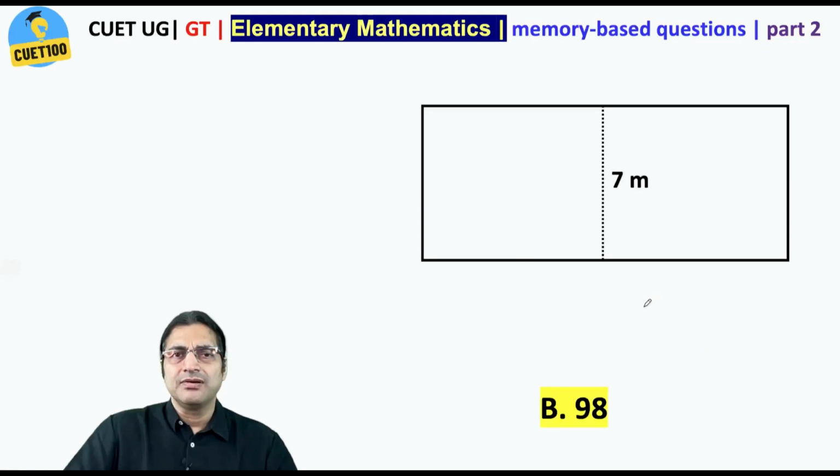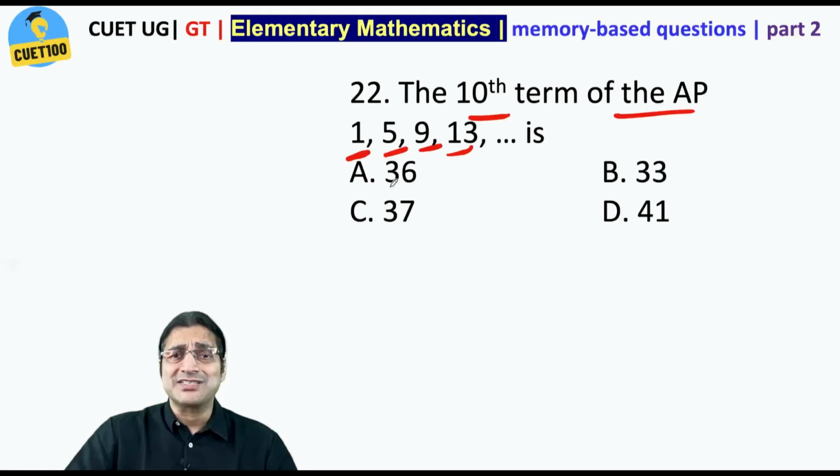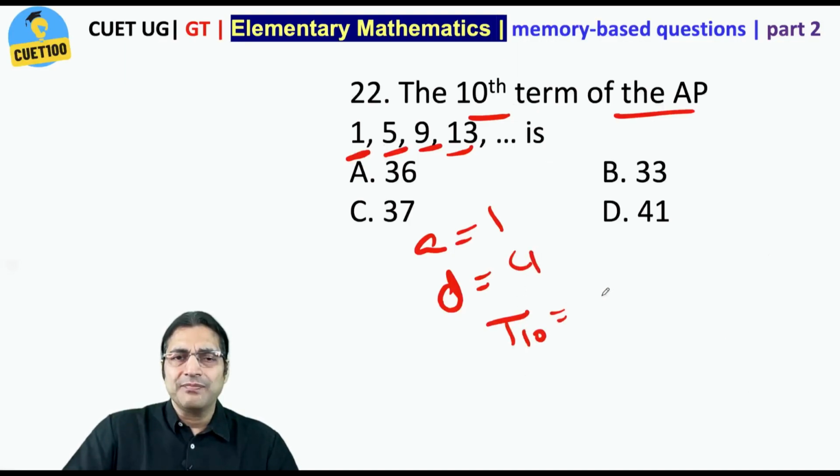All right. Okay. What about the next one? The 10th term of the AP. All right. 1, 5, 9, 13. Okay. So, of course, you can do that A plus D business, right? Here, A is equal to 1 and D, the common difference of the AP, is 4. So, the 10th term T10 would be A plus 9D, right?